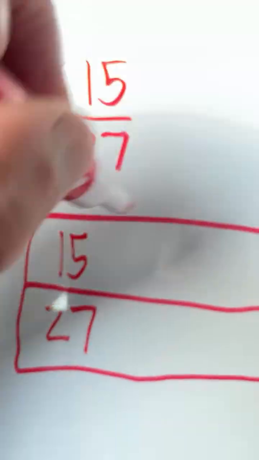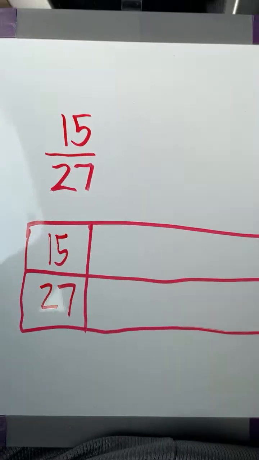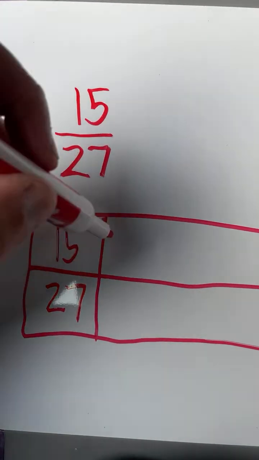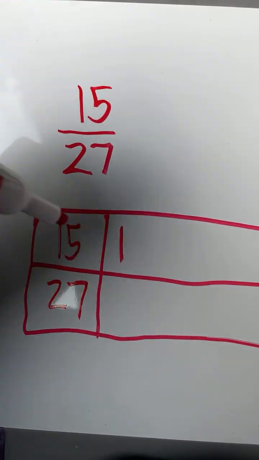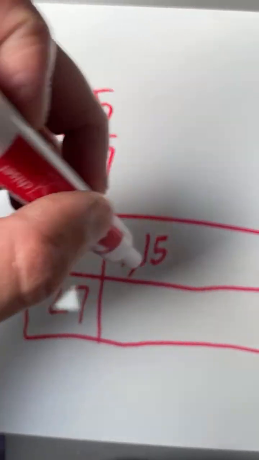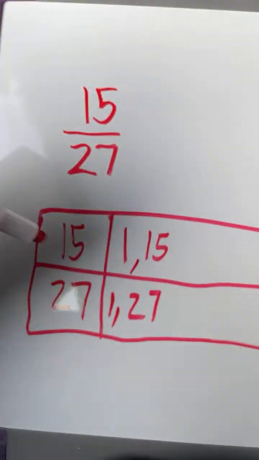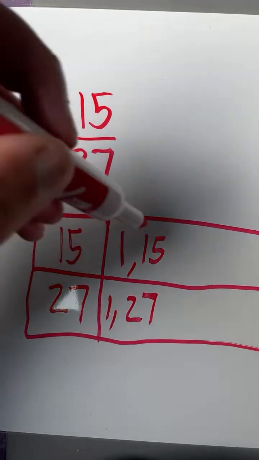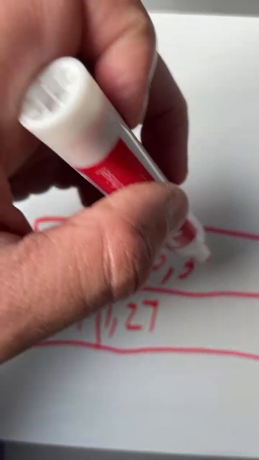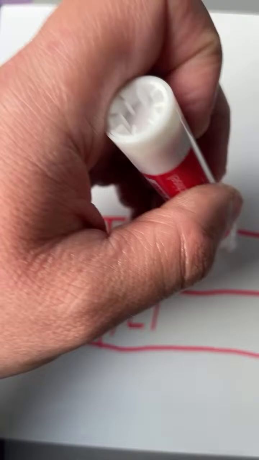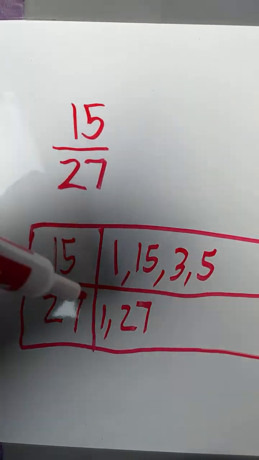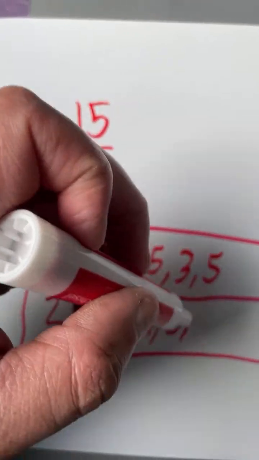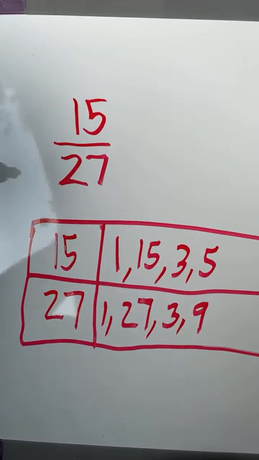So before I can divide, I got to determine the greatest common factor between 15 and 27. I already sort of know what the greatest common factor is, but for those that don't, I'm going to list all the factors out here. So for 15, we have 1, we have 15, and for 27, we have 1, we have 27. 2 is not a factor of either number. We have 3, and we have 5. Then for 27, we have 3, and we have 9.